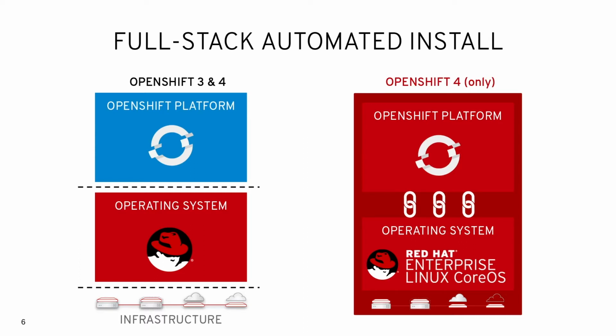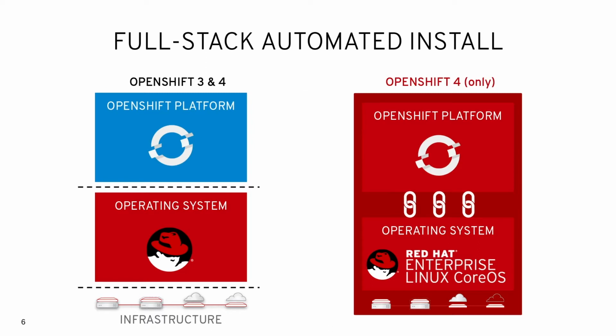Before, in version 3, there was a separate process to install your operating system, the nodes for your cluster, and then you had to install the OpenShift platform on top. In OpenShift 4 we built a new installer which makes the installation of the whole infrastructure, basically starting from setting up the machines in your infrastructure layer, then installing the operating system and the OpenShift platform.